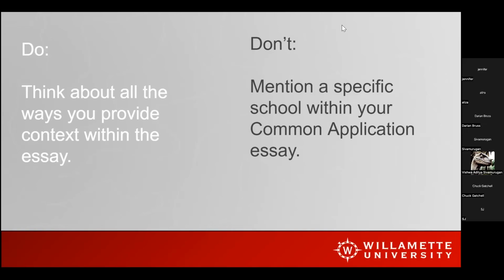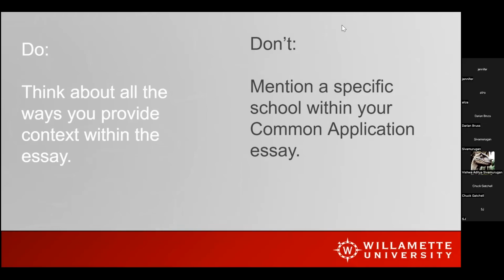The don't on this slide is a little bit funny. Don't mention a specific school within your Common Application essay. The Common App is used by almost 1,000 colleges and universities these days. The vast majority of the pieces that are asked for within the Common App are truly common to every institution that you apply to with the Common App.